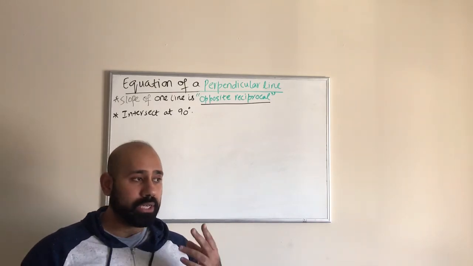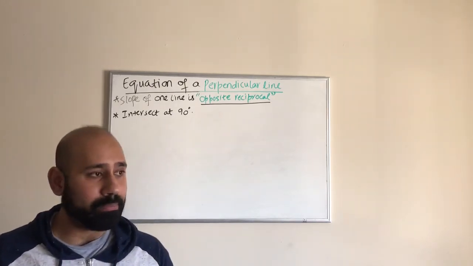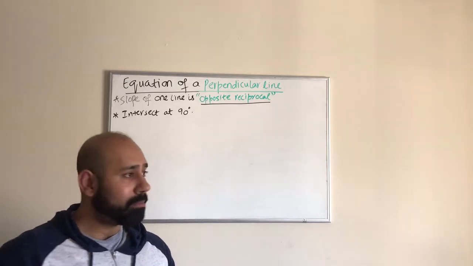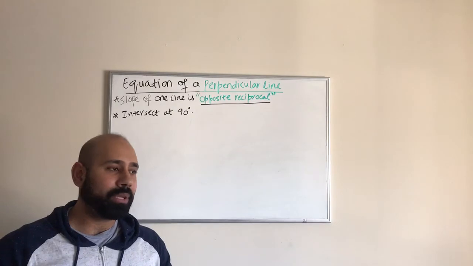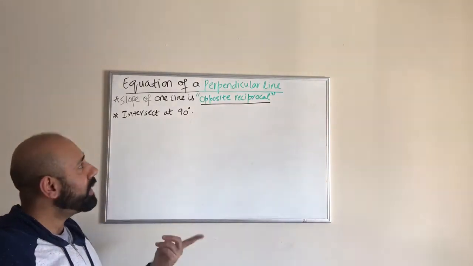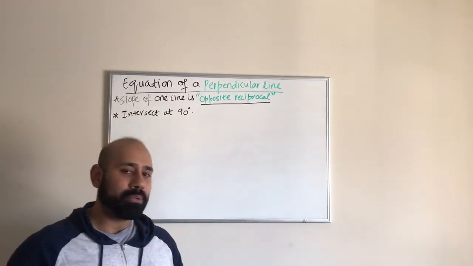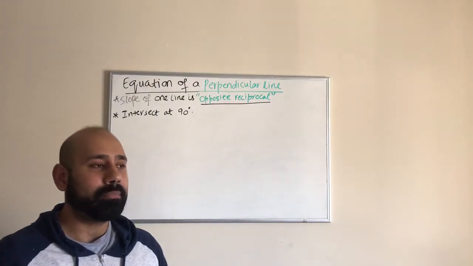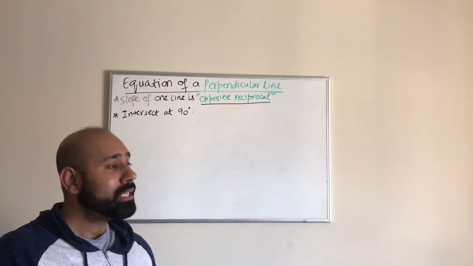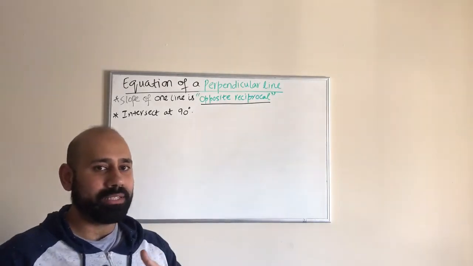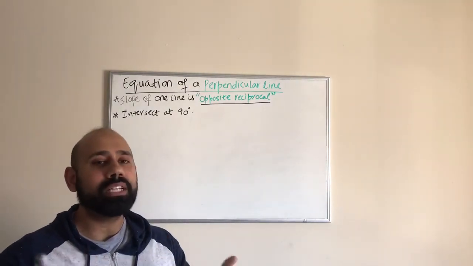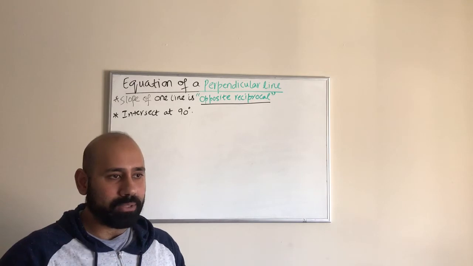Okay, so there are again two key things for perpendicular lines. Number one, which you can see here, is that the slope of one line is the opposite reciprocal of the other. It will make more sense once we look at an example. The key thing, which I have underlined here, is that there are two parts: opposite and reciprocal.